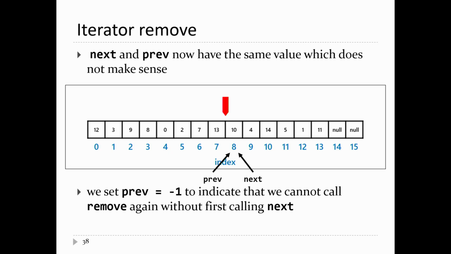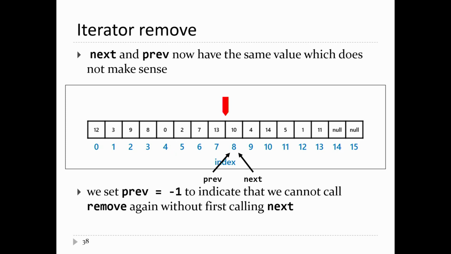Now, you could do the same thing with previous. I could say previous is now moved over to the 7. But I don't want to do that. If I do that, I don't have any way to know that we've already called remove once for this iterator. Remember the requirements of the iterator interface: if you call remove, you can only call remove once for every call to next.